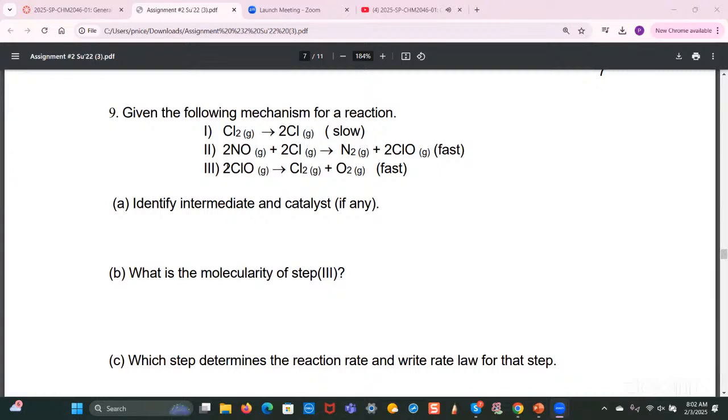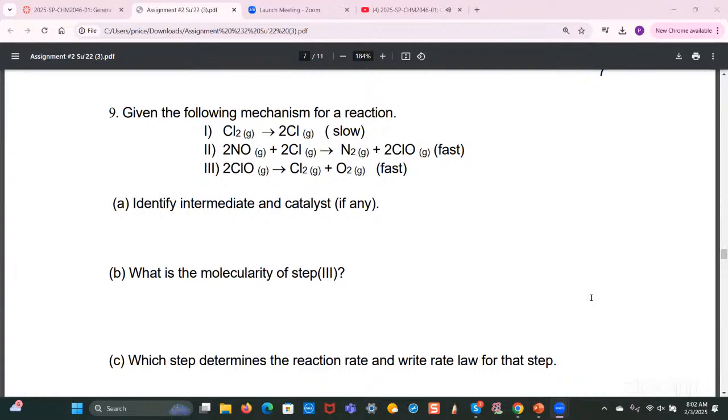The answer should be 2, because you have 2 molecules of ClO reacting in that elementary step. If you answered 1, I gave you credit because the mistake is on my part, but you need to understand that the correct answer is actually 2 for the molecularity of step number 3 in this mechanism right here, all right?